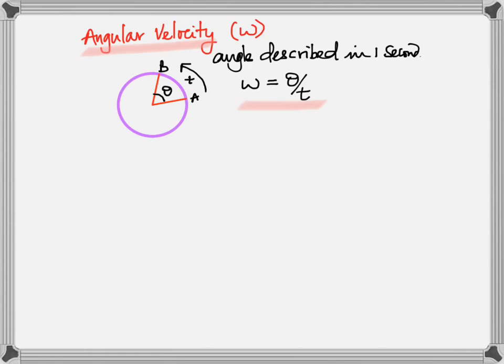So what's the unit of angular velocity, Suleiman? Radians per second. It might be written as rad per second. That is the unit. That is angular velocity.